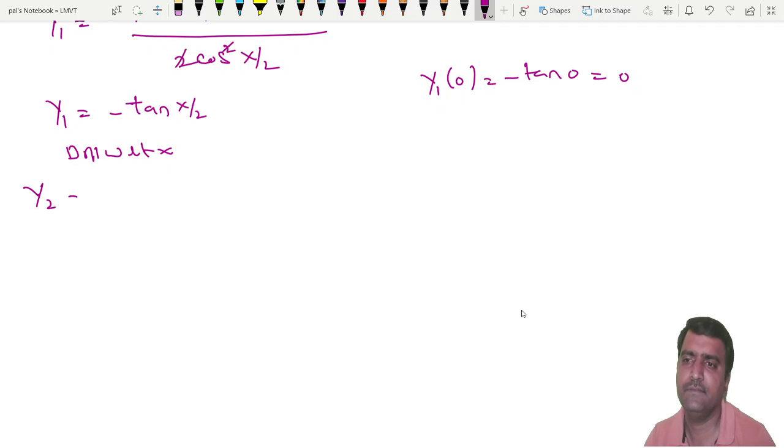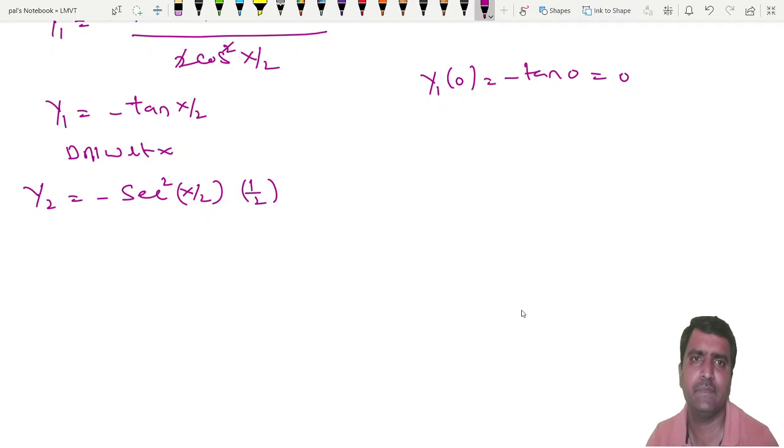Differentiation of y1 is y2, which is equal to minus differentiation of tan theta, which is secant square theta. So it is secant square x by 2, into 1 by 2. In previous problems we differentiated tan, and after that we converted secant and tan in terms of y.